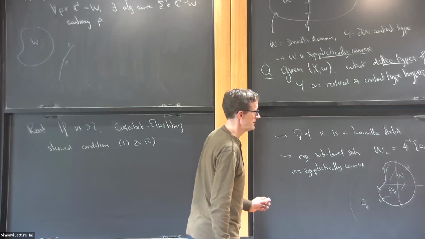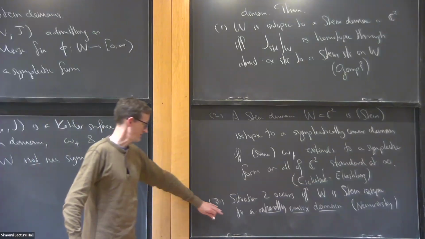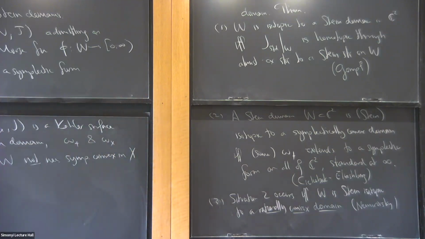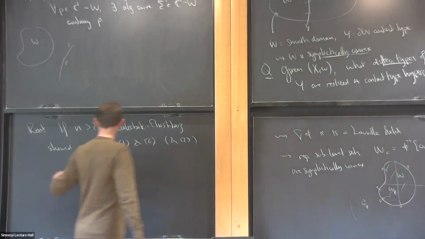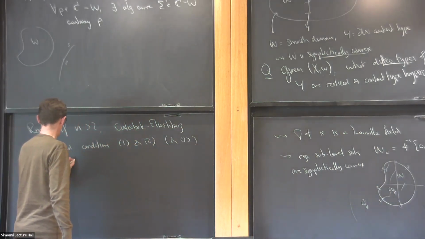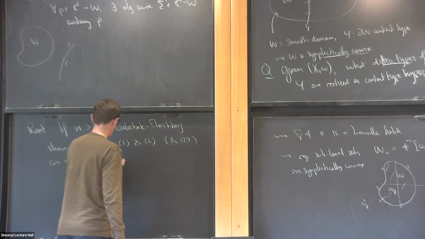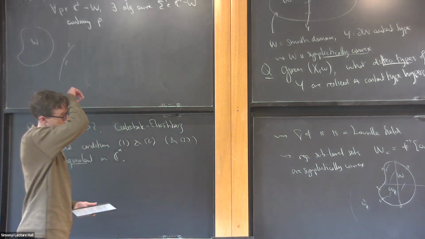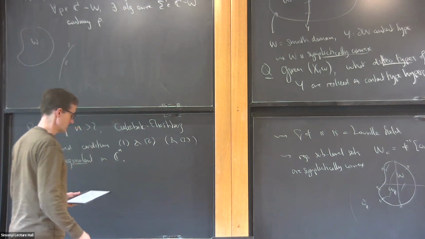Also, this extension criterion for rational convexity is what Nemirovski did, but it doesn't depend on the dimension. So there's no distinction: once you're Stein, you can automatically become symplectically convex.